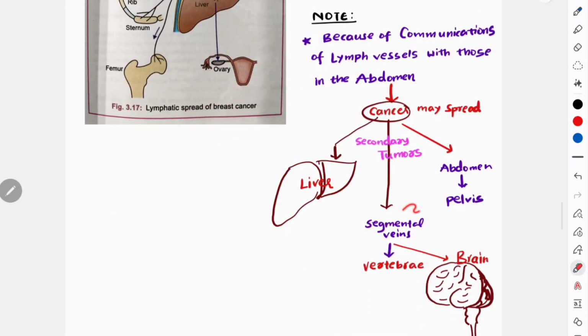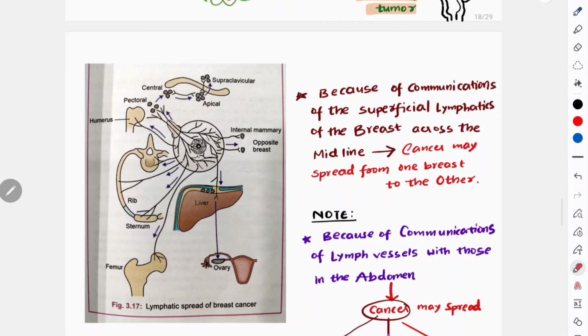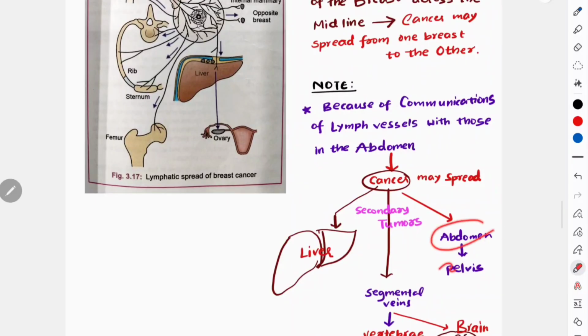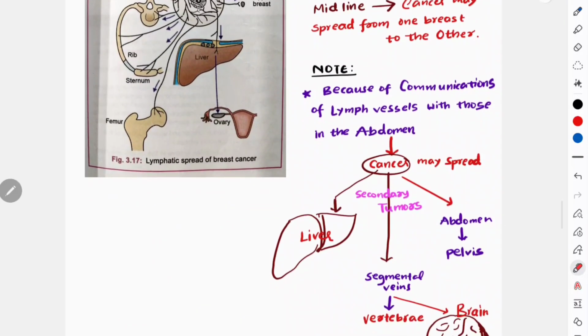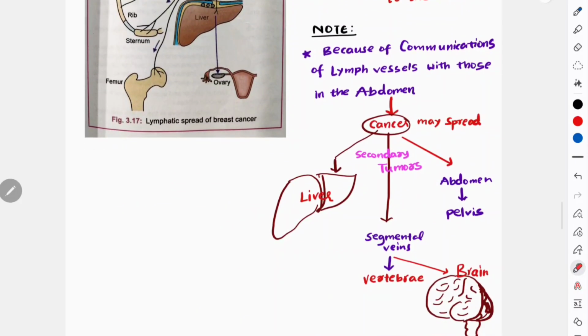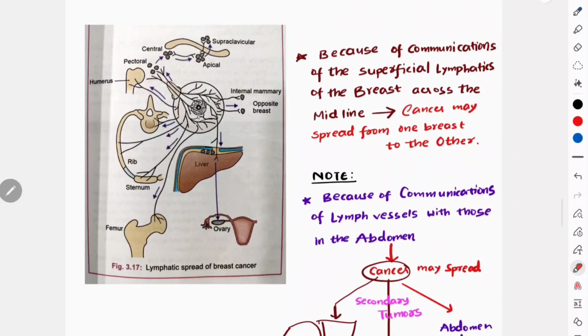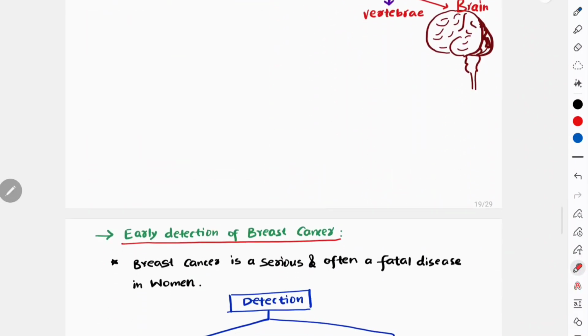Secondary tumors can spread via segmental veins to vertebrae, as you can see here. From abdomen to pelvis, it can reach the ovary. Segmental veins, vertebrae, brain, it can also metastasize. These are the complications of the metastasizing ability of the tumor.